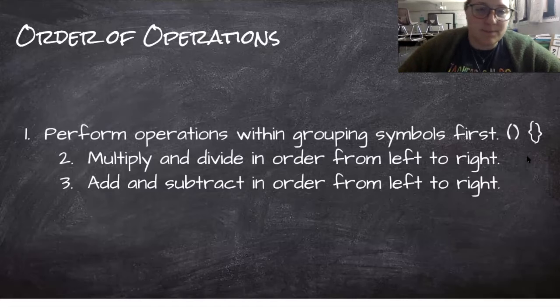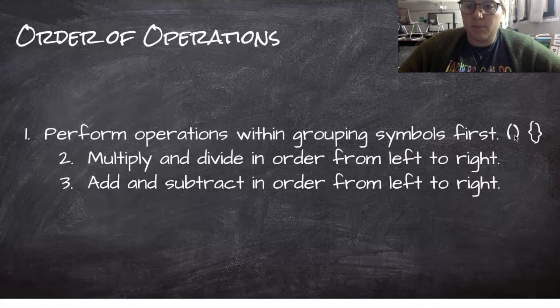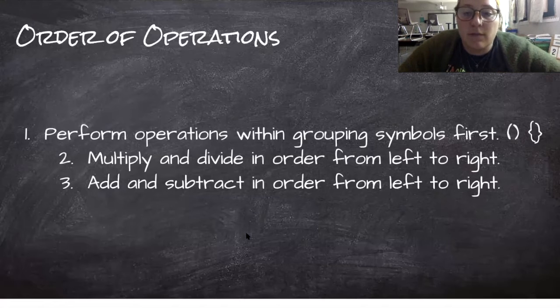Here are those rules. First, we have to perform operations within grouping symbols, and I showed those here: parentheses and brackets. Multiply and divide in order from left to right. So if multiplication in your problem comes before division, going from left to right, then you do that first.